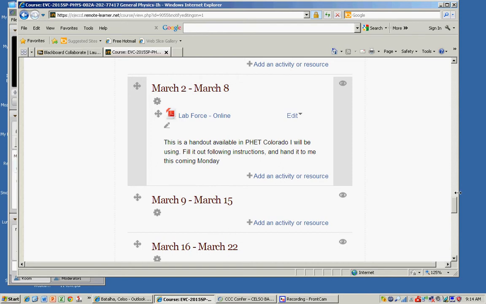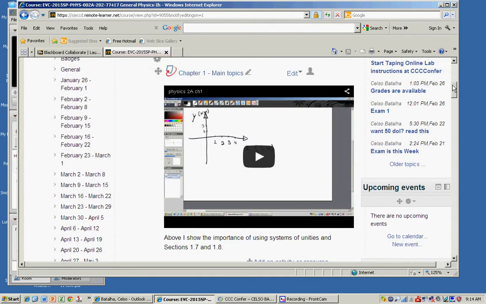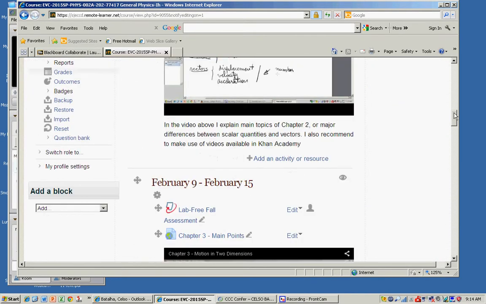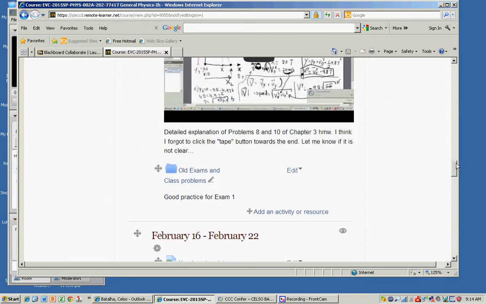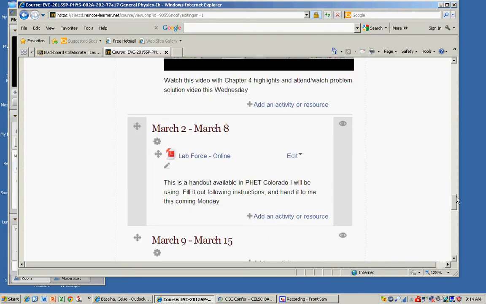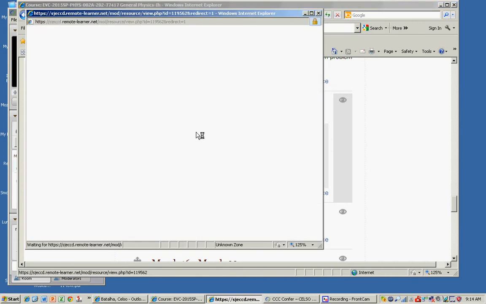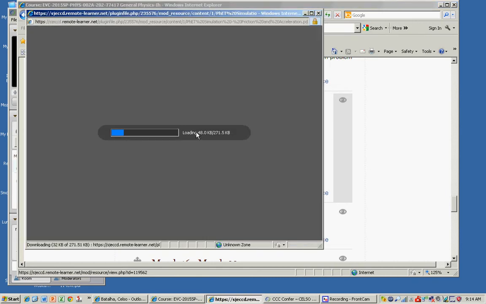So once you log in to Moodle, find your class, Physics 2A, scroll down to March, the week of March 2, and then we have a file in there. Click on it, and this is your handout.